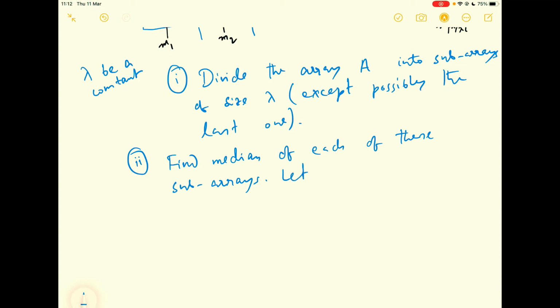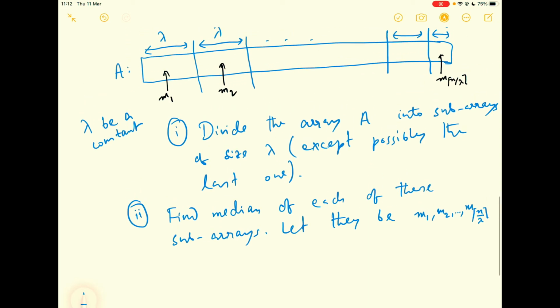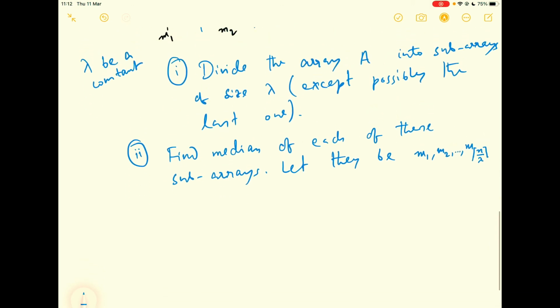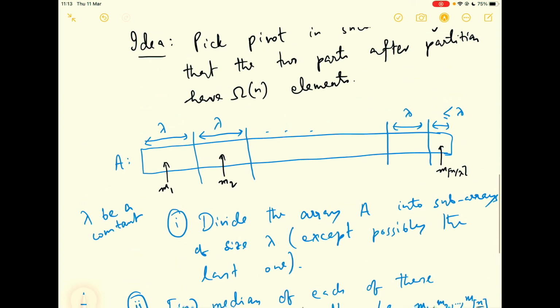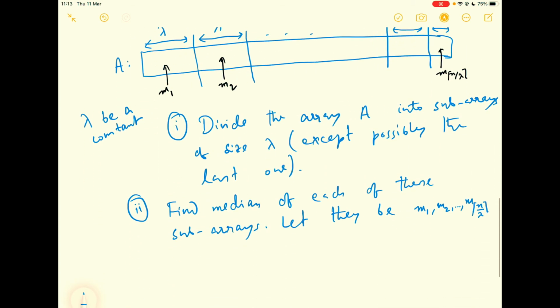Let them be M1, M2, M n by lambda. Okay, and then I recursively find a median of these medians. So I am writing an algorithm. So let me just write it here properly.